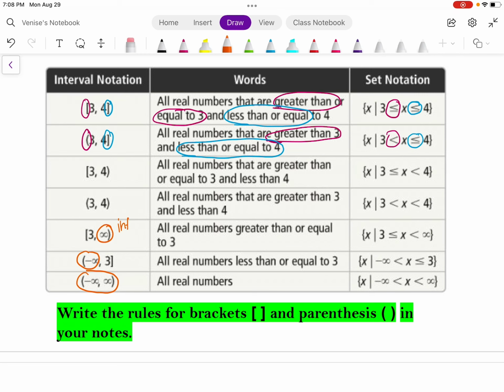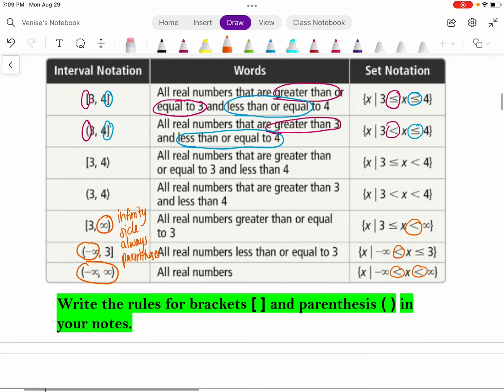So infinity side, always parentheses. So that means it's always going to be less than, less than, less than, less than. No line underneath it. So you get negative infinity to infinity whenever it says all real numbers.